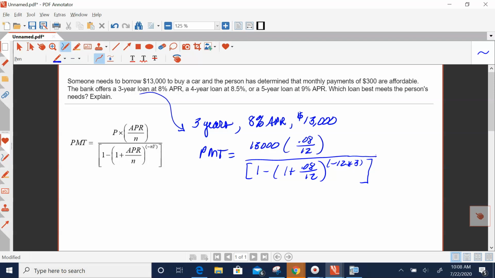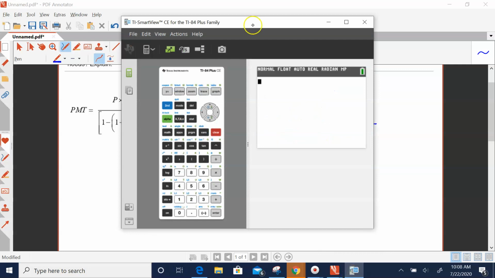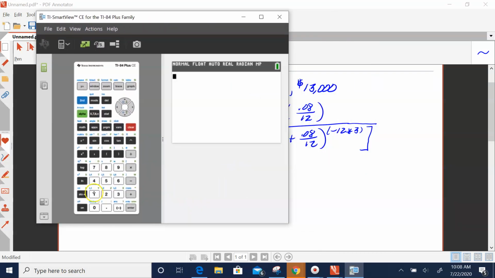Now we need to do the calculation, and I suggest that you just do it one piece at a time. Let's first figure out the numerator value. Let's go to the calculator: 13,000 times 0.08 divided by 12.